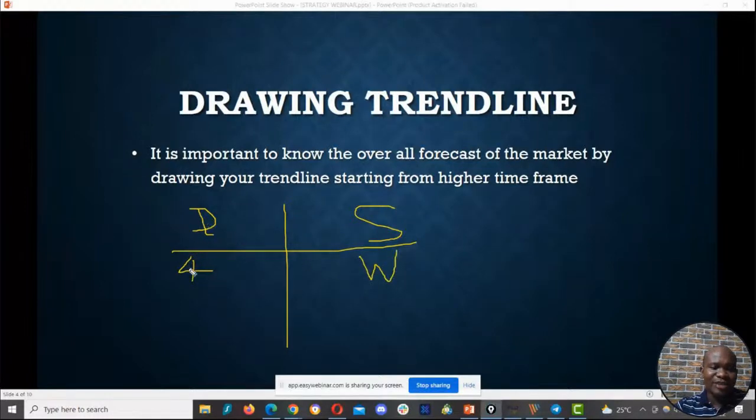So if you are a day trader, the 4-hour time frame will actually tell you where the market is heading for that day. And if you have gotten your trend line well mapped out on 4 hours as a day trader, you can now narrow it down to 1 hour to see where exactly is happening. Then you can take your trade at 15 minutes.